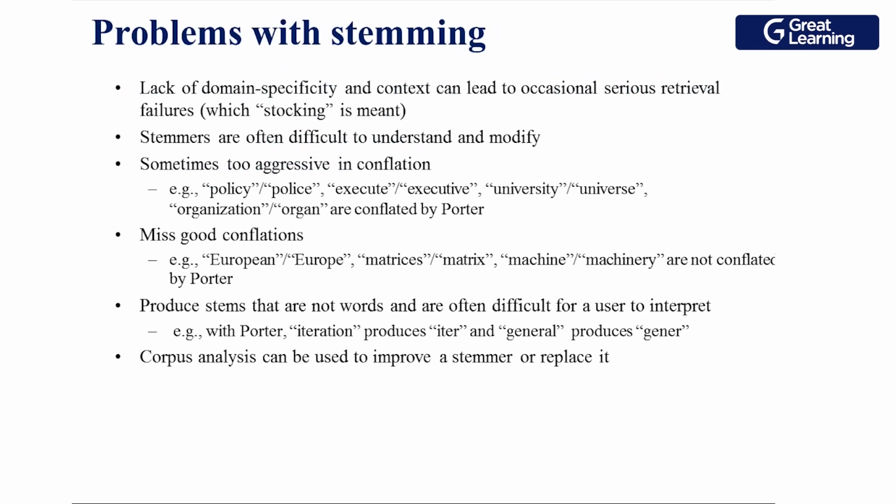In the sense that stemming is not really context sensitive. So for example, imagine a scenario where I was searching for Microsoft stock price, okay? And the web search engine is using stemming, so it will stem stocks, Microsoft stocks price or Microsoft stock price, to stock. And let's imagine there is a web page on Flipkart which is selling stockings.